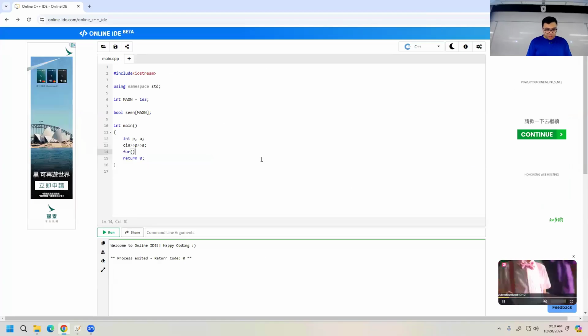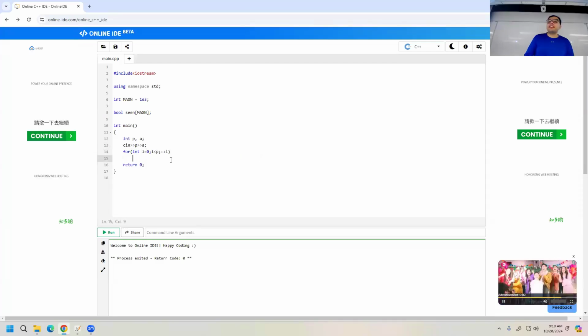So I'm going to say for every I from 0 to P. I'm going to go over all the numbers. And I'm going to say, if I haven't seen this number before, let's find the cycle containing this number and print it. Okay, and then I keep going until I get to a number that I haven't seen in any of my cycles.